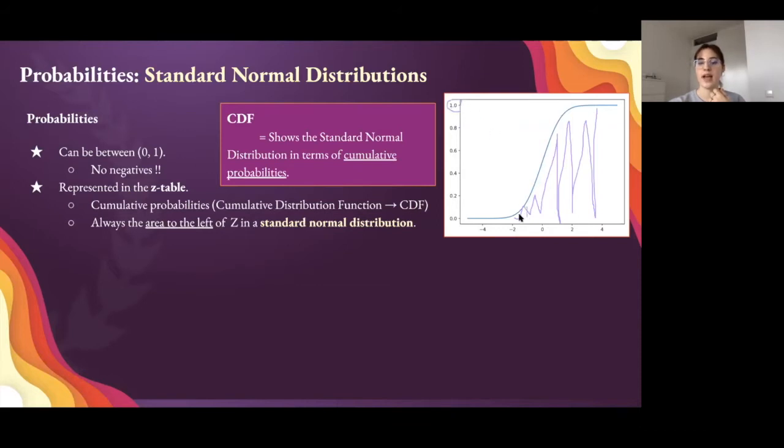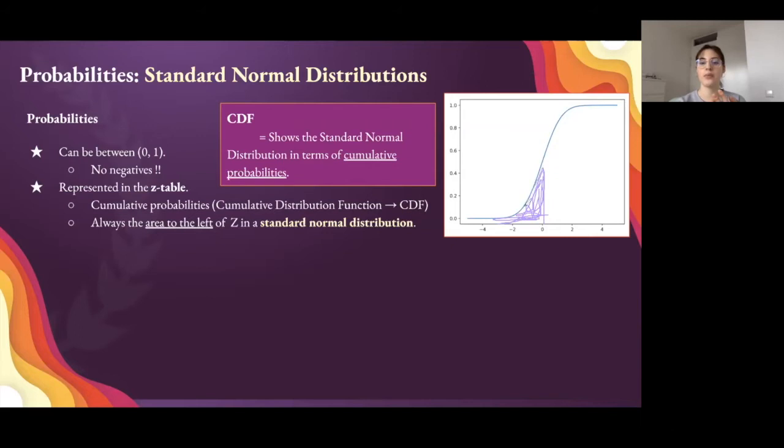If you added all of these areas together, you would get a probability of 1. So it's a cumulative probability, because let's say the probability that a z-score is less than 0, that's the entire area to the left of 0.